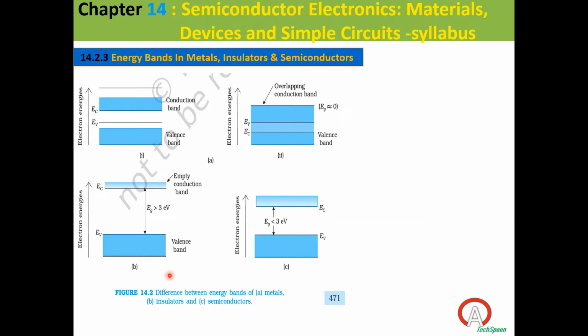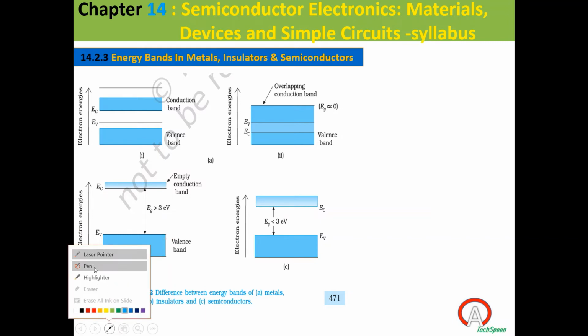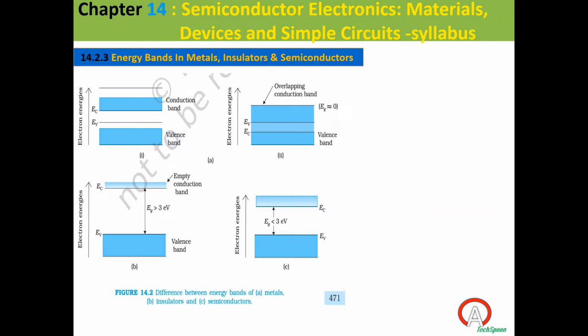In the case of an intrinsic semiconductor at very low temperature, how will this energy band diagram look? Where will the electrons be, and what will the valence band have? Let me show that.